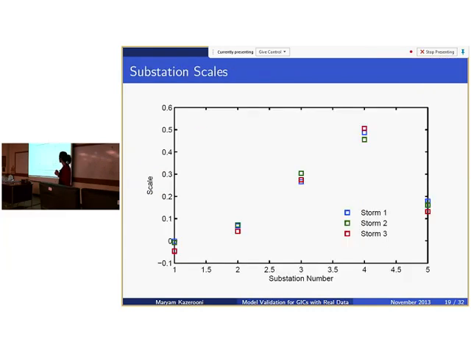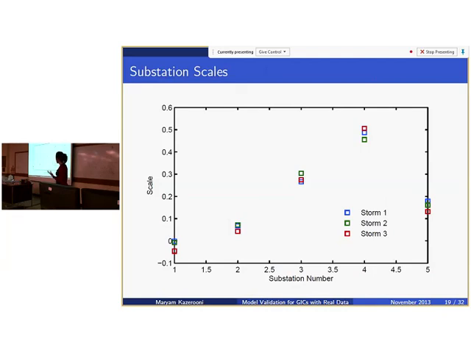So, these are the scales which we use to account for the inaccuracies in the substation grounding resistance. Here the x-axis is the substation number and the y-axis is the scales. We got these scales through real GIC data measurements.